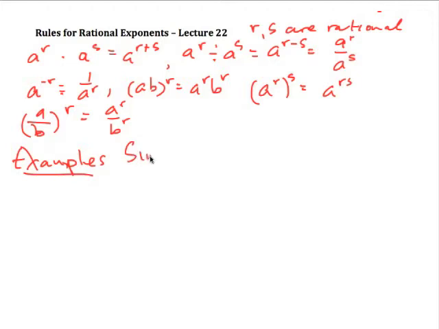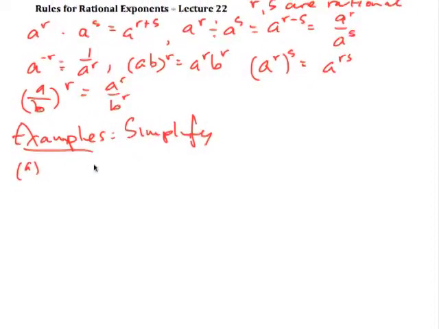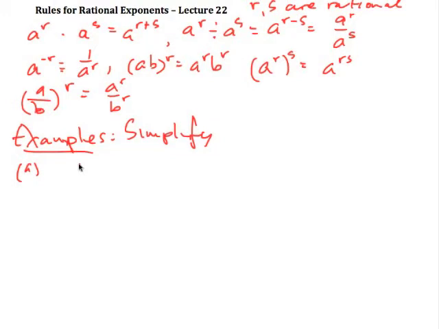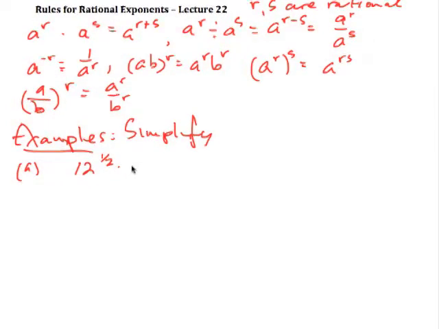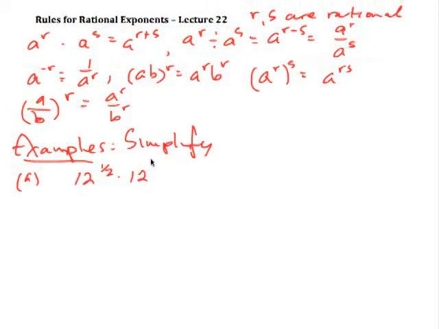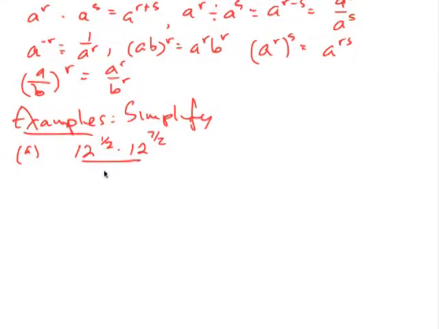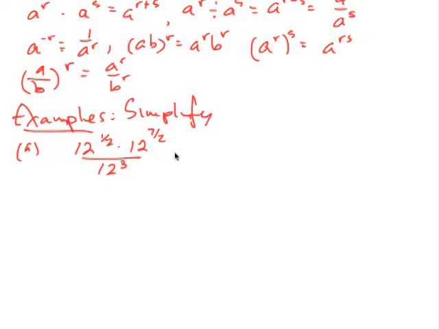Okay, and we're going to simplify each of the following. Right, let's suppose we want to simplify 12 to the half by 12 to the 7 halves over 12 to the 3.